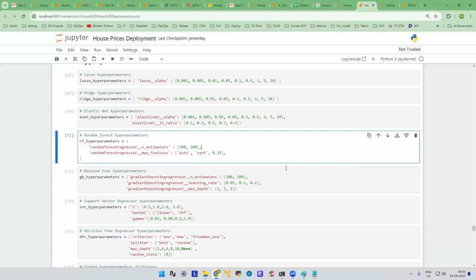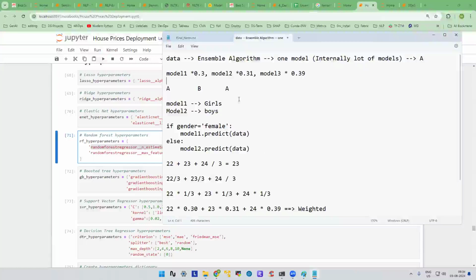Internally, it's going to choose between 100 and 200, and whichever is best, it's going to pick that one. The reason I have given 100, 200 is there's a possibility that we may get the best model with just 100 models. If it is limited to 100, the model size is going to be less compared to 200. If we don't get it, there is a possibility that we may get it with 200 trees, but the complexity is going to be more. n_estimators is nothing but the number of trees, number of models.